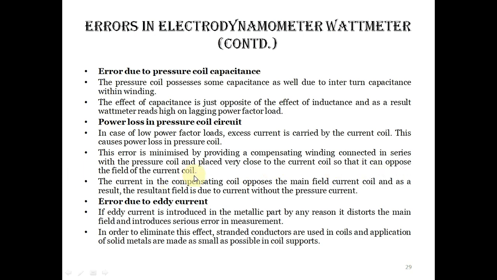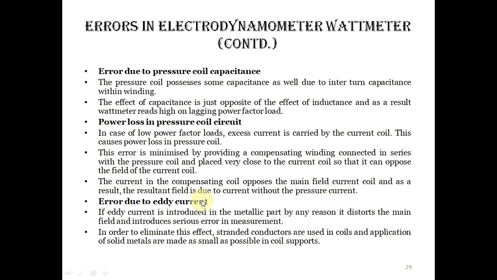That's the answer. If you still have doubts, we can discuss them on the discussion forum. The current in the compensating coil opposes the main field of the current coil, and as a result the resultant field is due to the current without the pressure coil current.